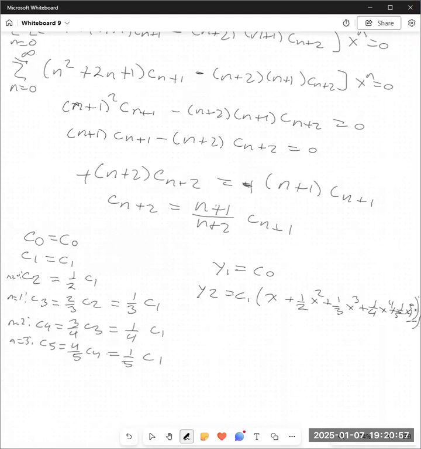So that does look like something that we could have answered before, that has a form that appears to be related to e to the x here.